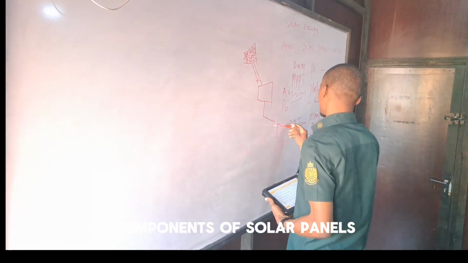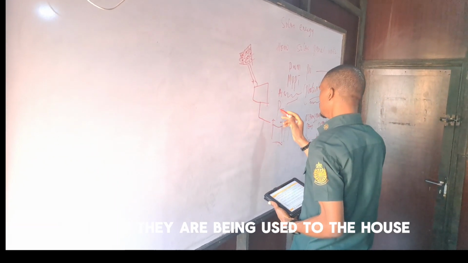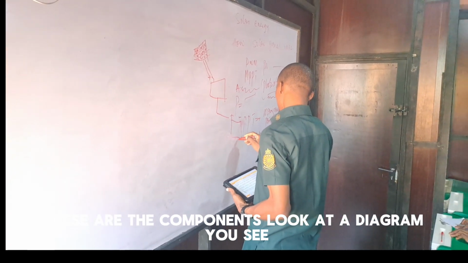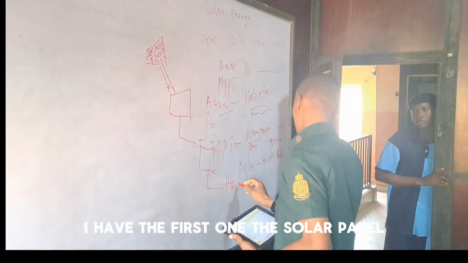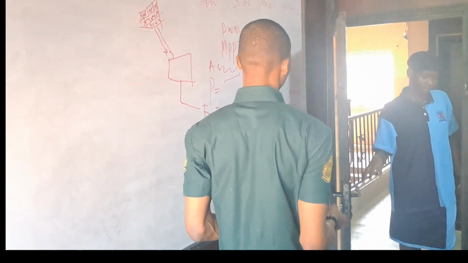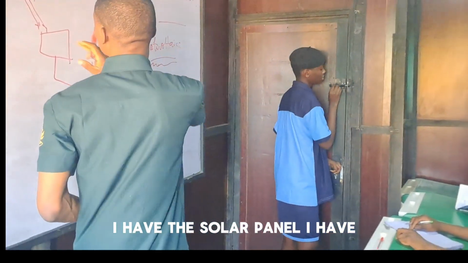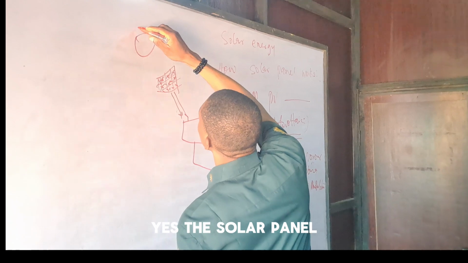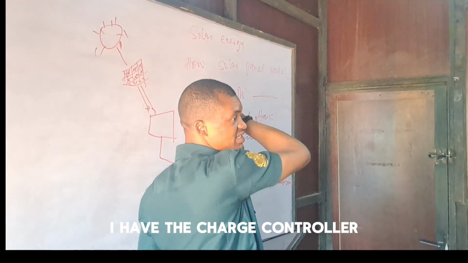So right now, I want to show you the components of solar panels and how they are used in the house. These are the components. Look at our diagram. I have the first one, the solar panel. Then I have the charge controller.